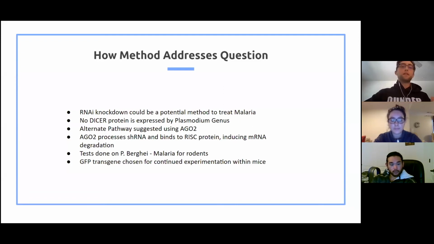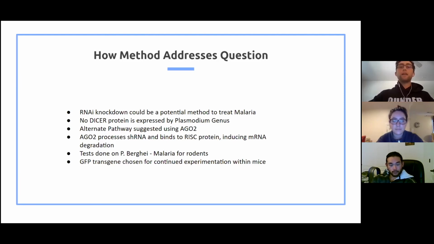Dicer, as we discussed, typically processes transcribed shRNA into siRNA, which is then used for degradation of mRNA, ultimately inhibiting translation. Given that no dicer protein is present in malarial cells, the authors investigated a way to manufacture an exogenous strand of RNA that would result in mRNA degradation.